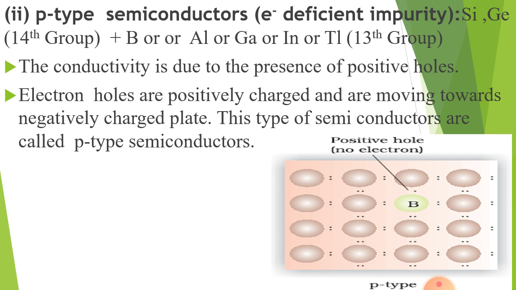Hence, you have to know that for formation of N-type semiconductor, you have to dope with group 15 elements, and for formation of P-type semiconductor, the doping should be with group 13 elements.